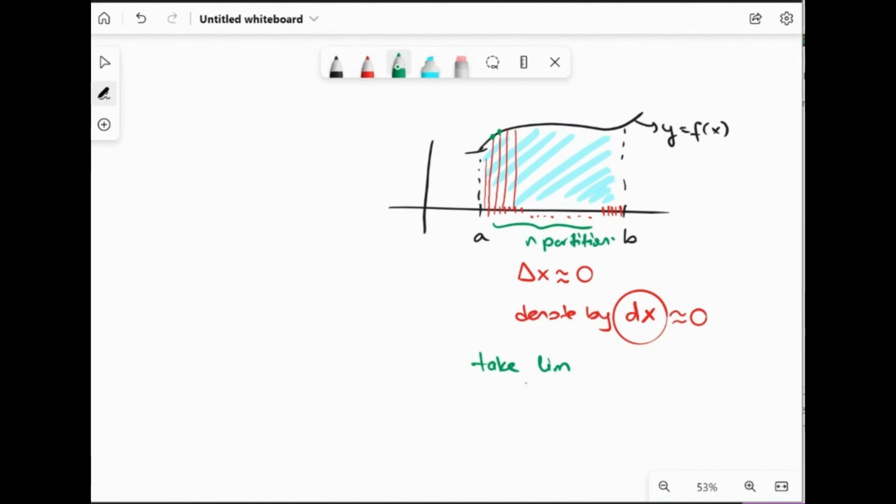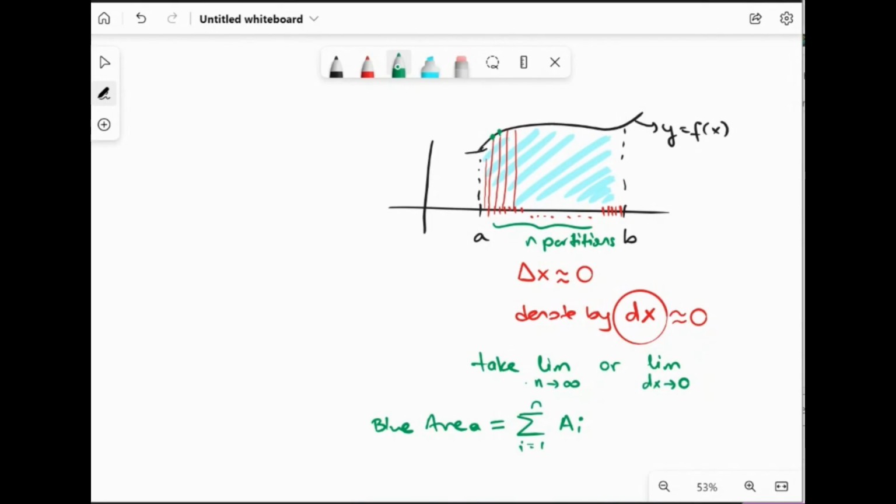When we have infinitely many partitions, this is equivalent to saying that dx goes to 0, the width of each rectangle goes to 0. In that case, the sum of these small rectangles will be equal to the area, the blue area in this case, that we are looking for. So i equals 1 to n.